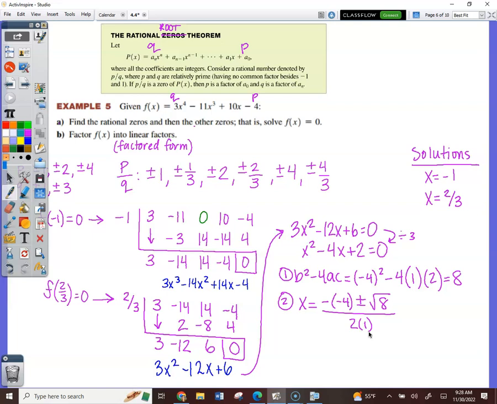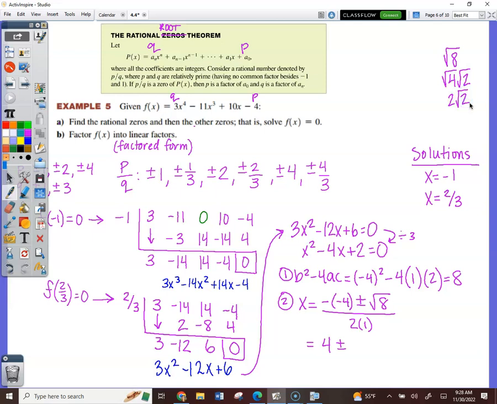Now we have to clean it up. That would be positive 4 plus or minus, what does the square root of 8 break into? You gotta be able to reduce your square roots. That's 2 square root 2, right?